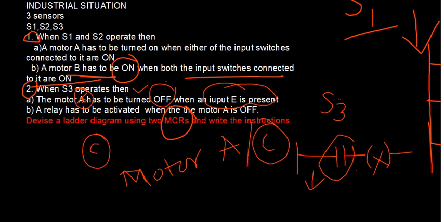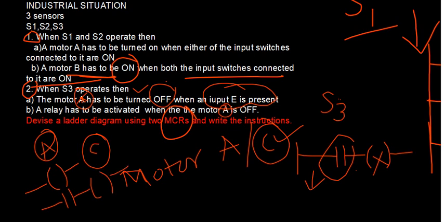You have got two sensors, S1 and S2. They indicate some practical situation in a scenario, maybe a temperature or maybe the velocity, maybe the force, pressure, whatever it is, right? So when those two hold good, when those two happen, then your process has to be started. The motor has to be started.